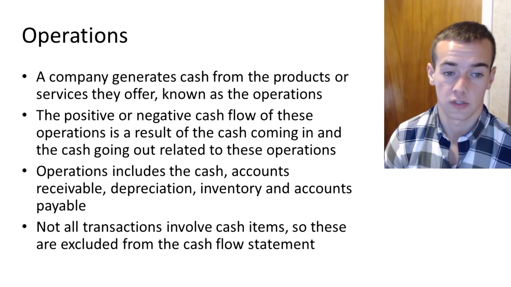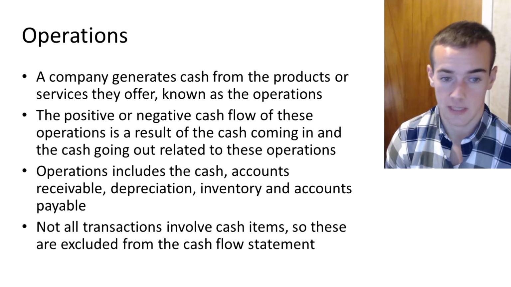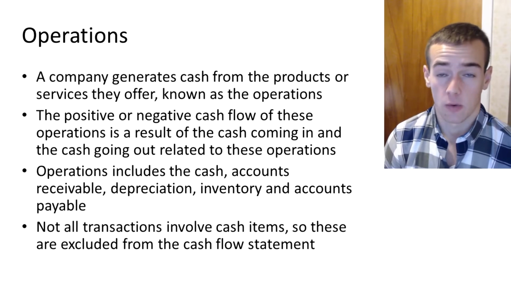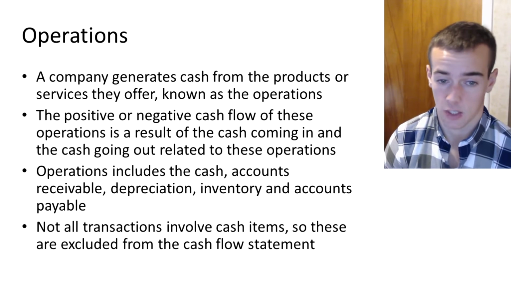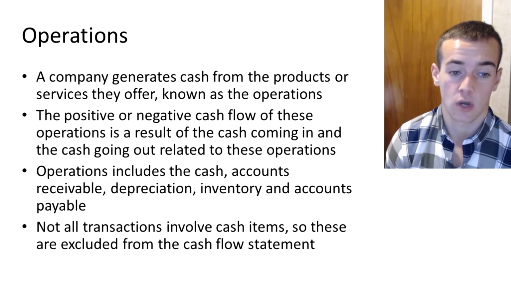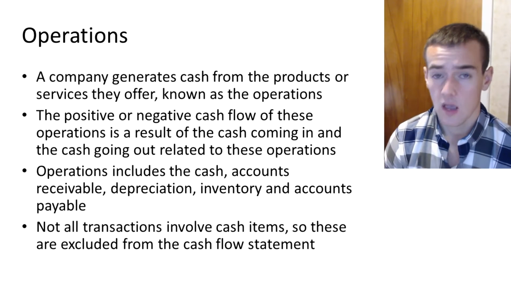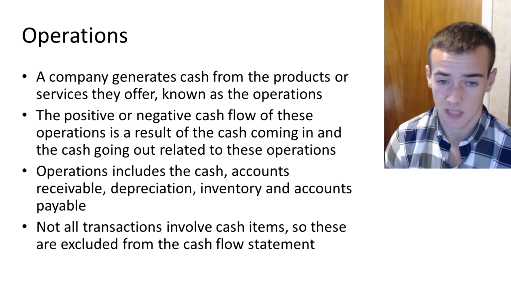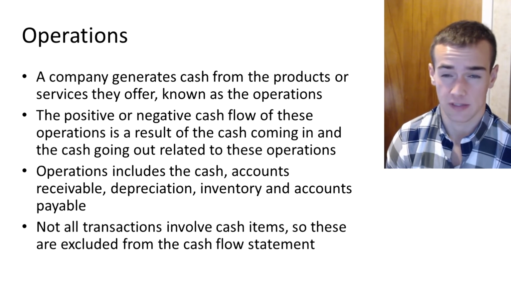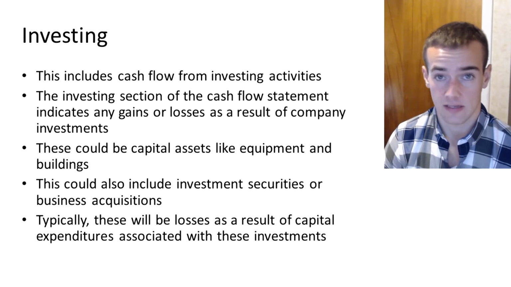Now, operations includes the cash, the accounts receivable, depreciation, inventory, and the accounts payable. Now, it's important to remember that not all transactions involve cash items. Oftentimes, they involve credit. So these are excluded from the cash flow statement. The only items listed on the cash flow statement are items that are involved in a cash transaction, not a credit transaction.